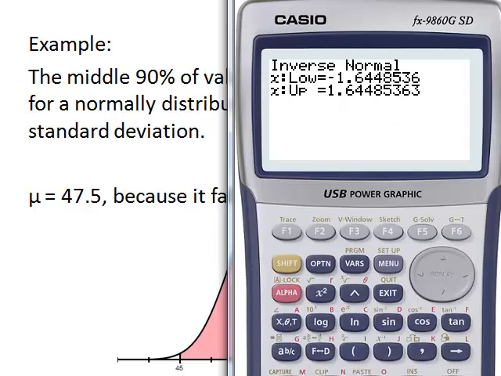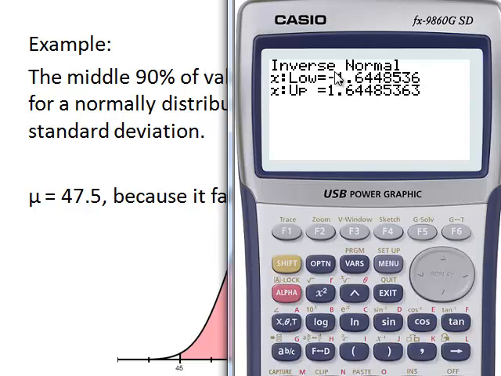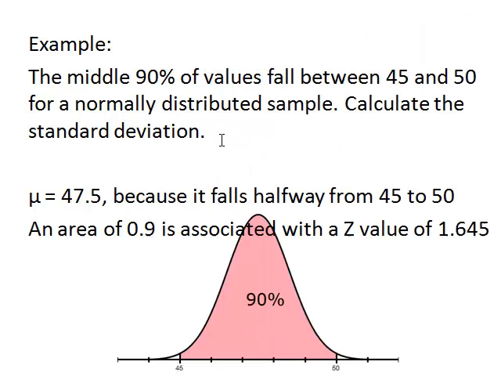So when we execute, we see that the 90% area in the center is between minus 1.644 standard deviations to plus 1.644 standard deviations. So there we have it. The area of 0.9 is associated with a Z value of 1.645.